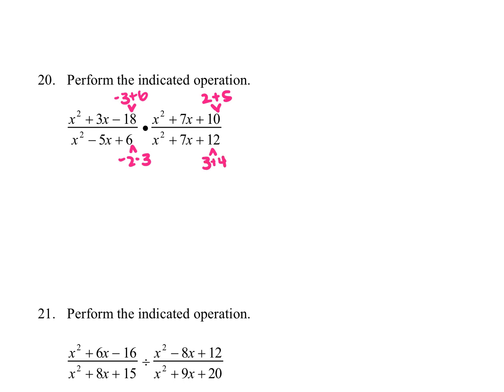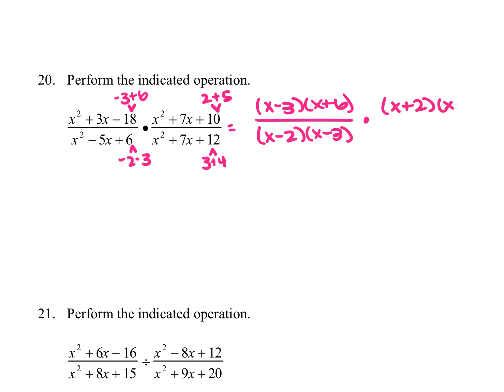So ultimately, this is the same thing as saying x minus 3 times x plus 6 over x minus 2 times x minus 3, times x plus 2 times x plus 5 over x plus 3 times x plus 4. So since we're just multiplying straight across here, you want to simplify first.